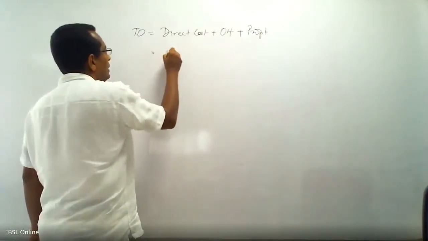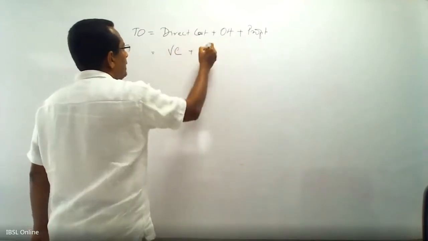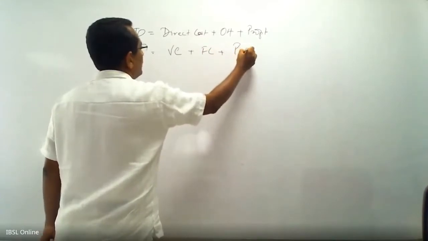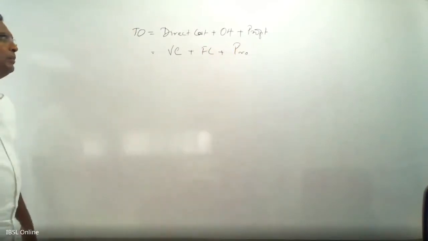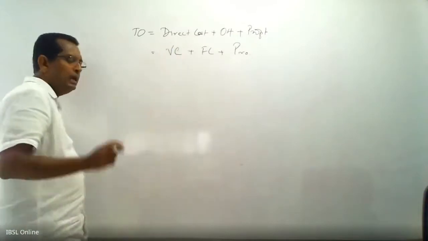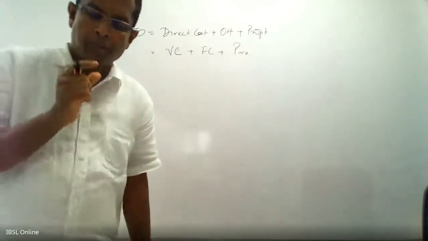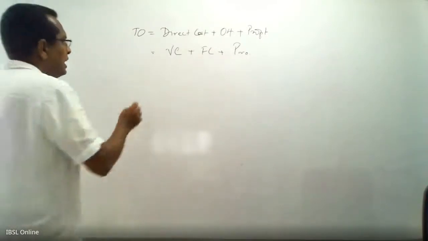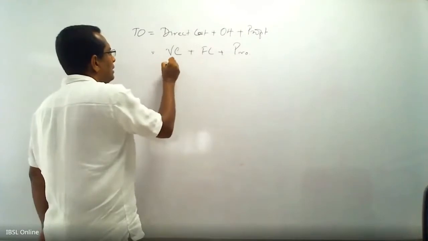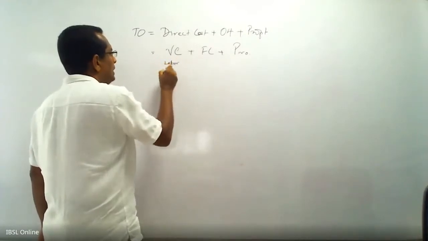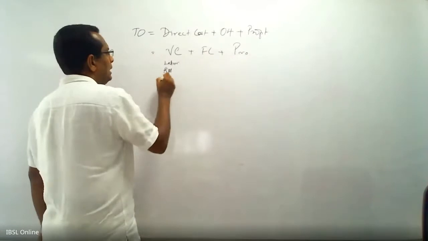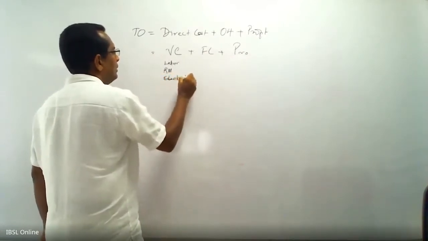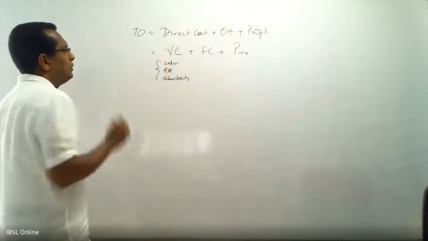Direct cost, we call it variable cost, plus overhead, which is the fixed cost, plus profit. Variable cost is the cost associated with producing one additional unit. Those are costs like direct labor, raw material, electricity, those things, which is the direct cost of the P&L.